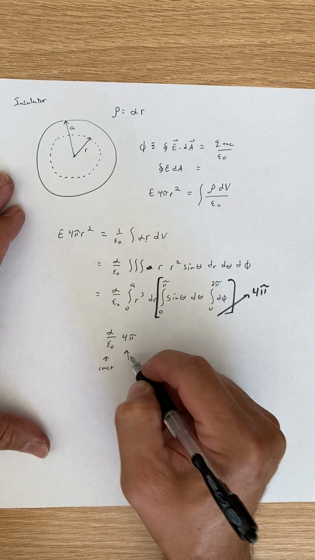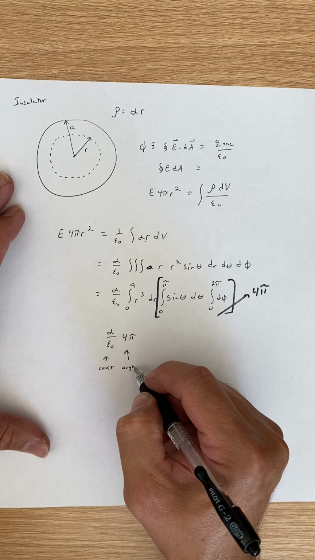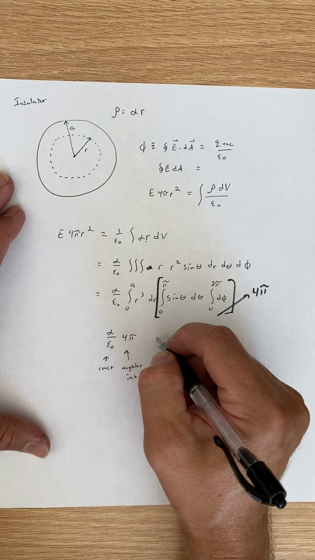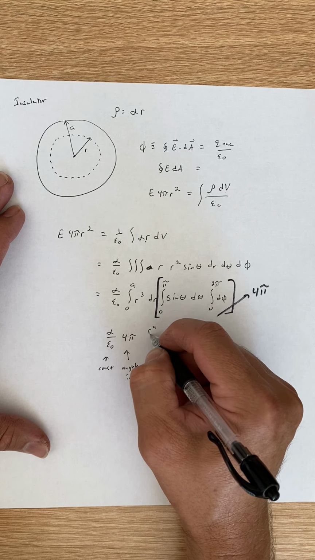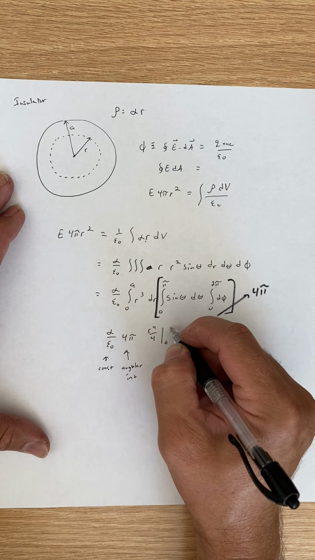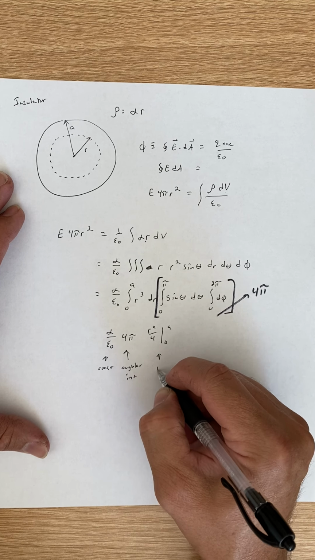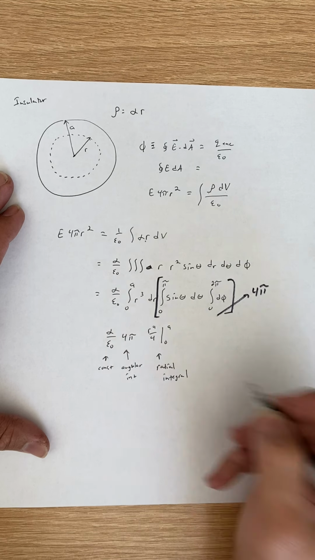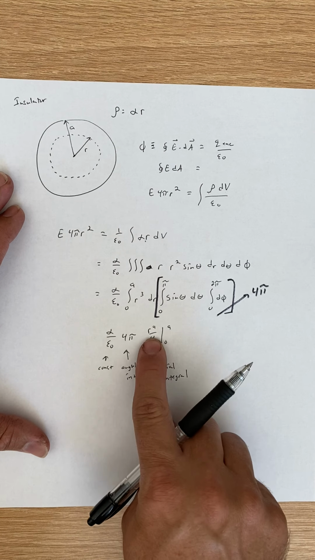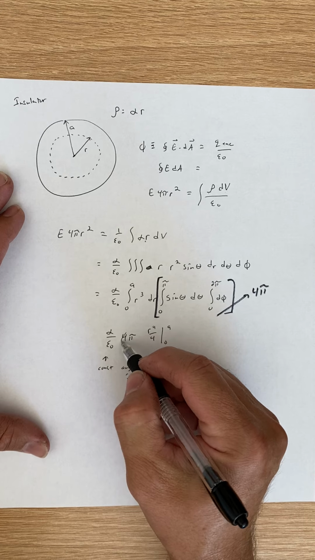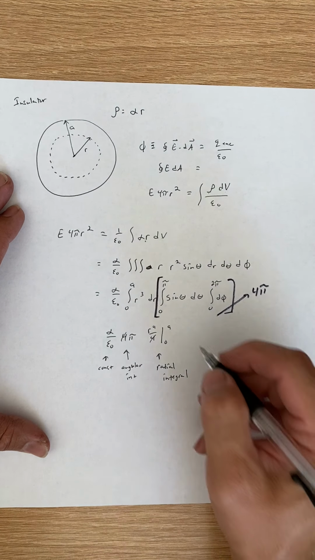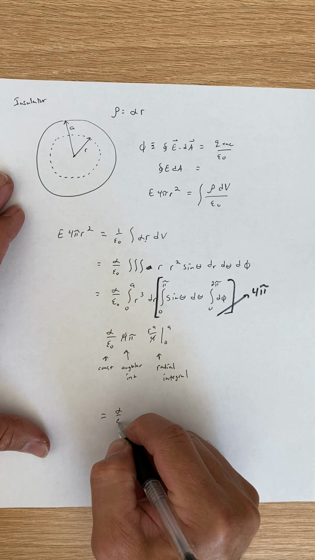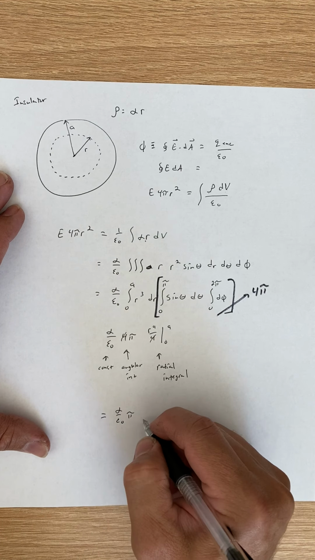And then my radial integral gives me r to the 4th over 4 evaluated from 0 to a. That's just going to come out as a to the 4th over 4, but I'm going to lose one of the 4's, notice. And what this ultimately gives me is alpha over epsilon naught pi a to the 4th.